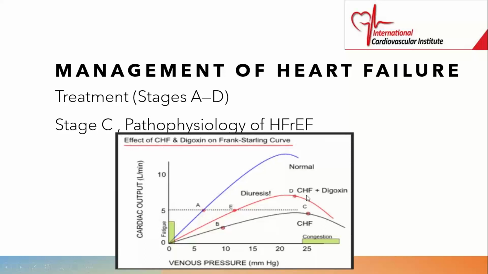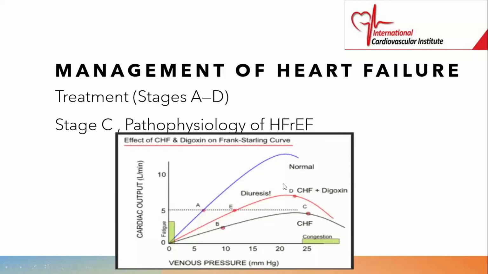Someone comes to your office or you see someone in the hospital and say they're right here. This is a decompensated patient. This patient is really sick because they're on the descending limb of the failing curve.